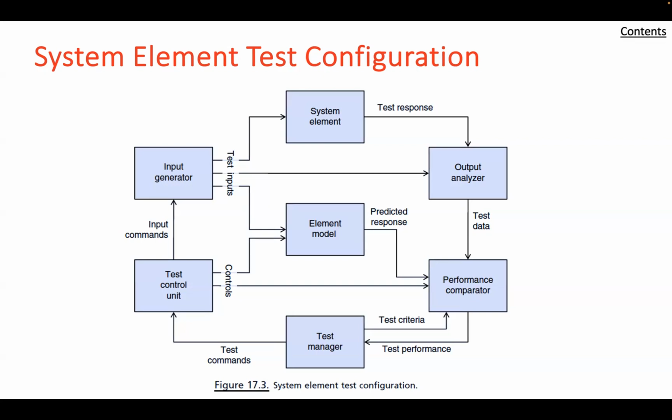So it's clear from what we just discussed that the functionality embodied in the test configuration of a system test element is necessarily comparable with that of an element itself. Hence, designing the test equipment is itself a task of comparable difficulty with that of developing the system element.